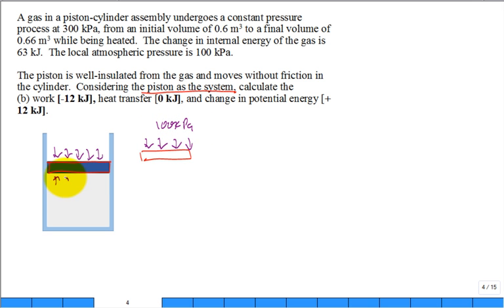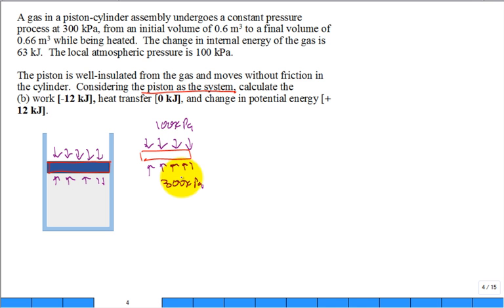The pressure on the bottom, pushing up. Did it ever change during the constant pressure process? And what was the pressure there? 300 kilopascal. I know that it's kind of a weird statement, but this is thermodynamics, okay? And if you just follow the logic, it'll work itself out.